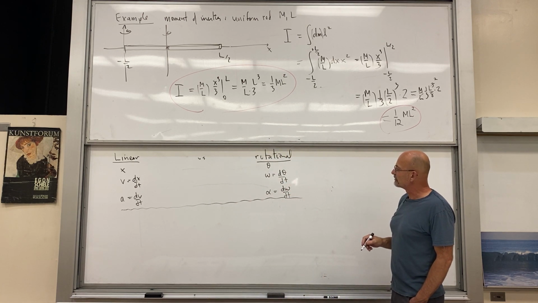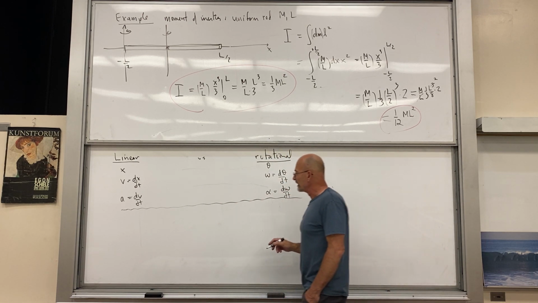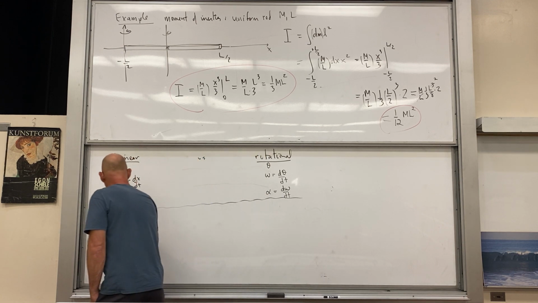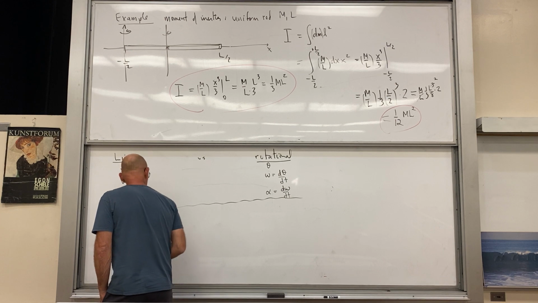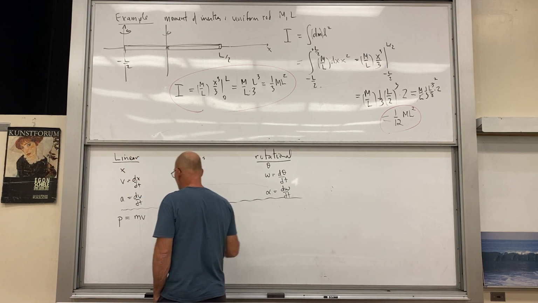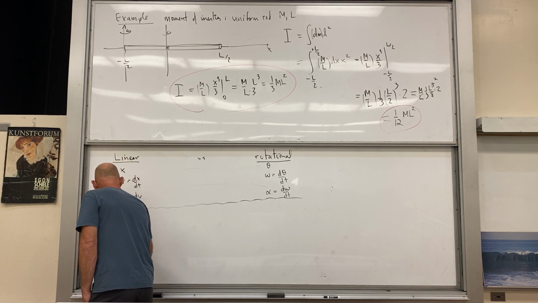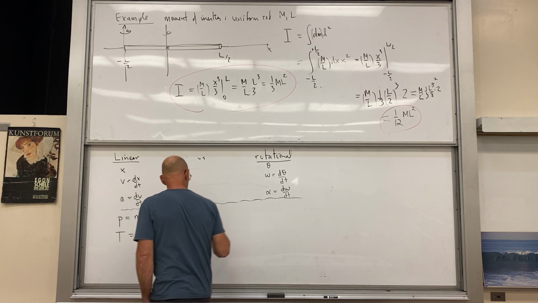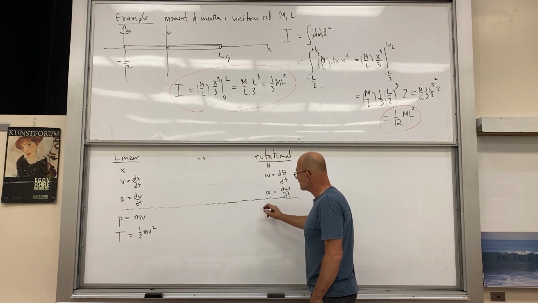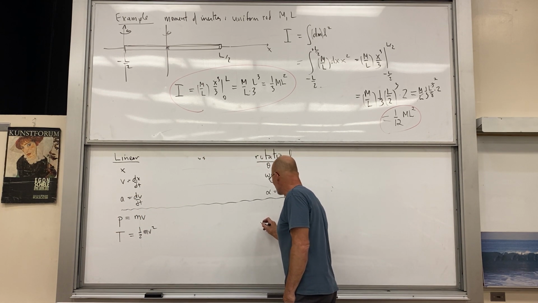Now then, what did we have for dynamics? We had momentum equals mv. We don't have anything for that yet. We had kinetic energy equals 1/2 mv squared. So the momentum I'm going to leave blank for the moment.